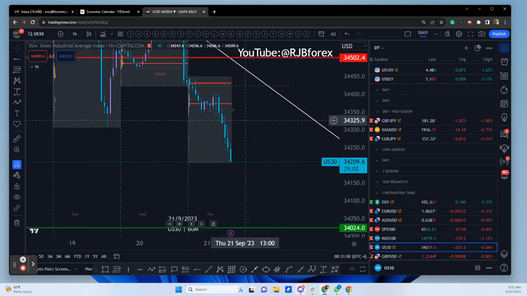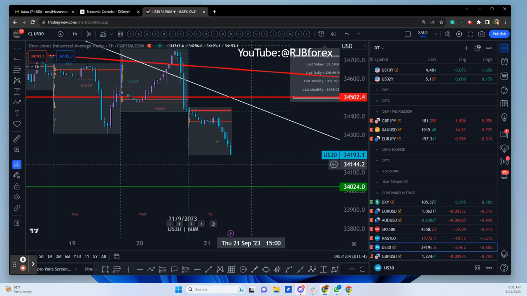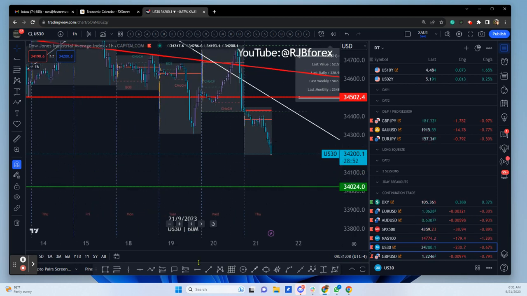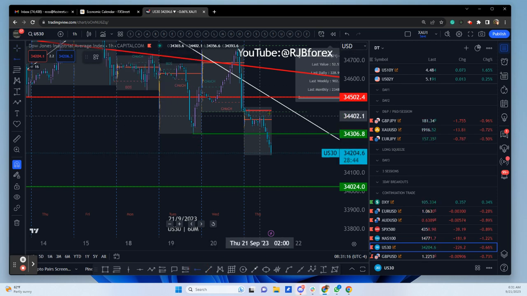That's not to say that we're not going to get a correction before going lower, but the bias is to the downside. And resistance, for the moment, is here, and then slightly higher up in here.